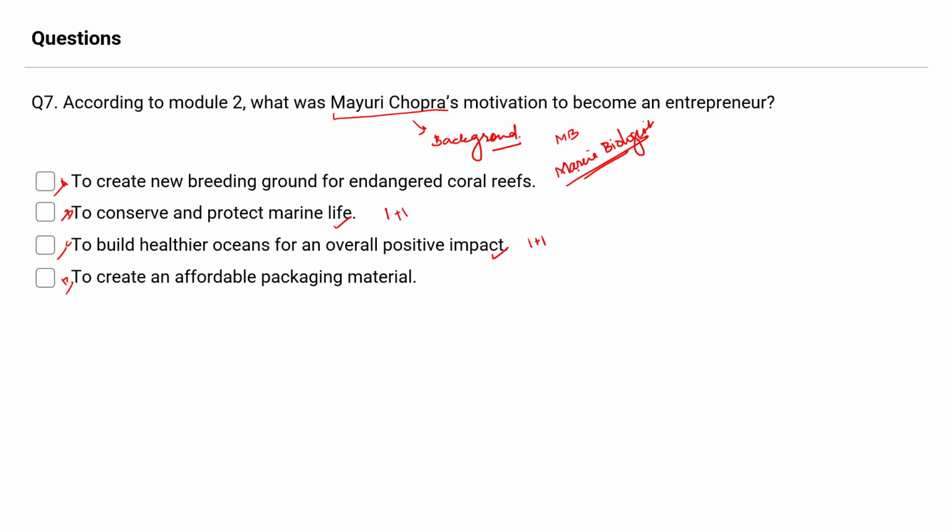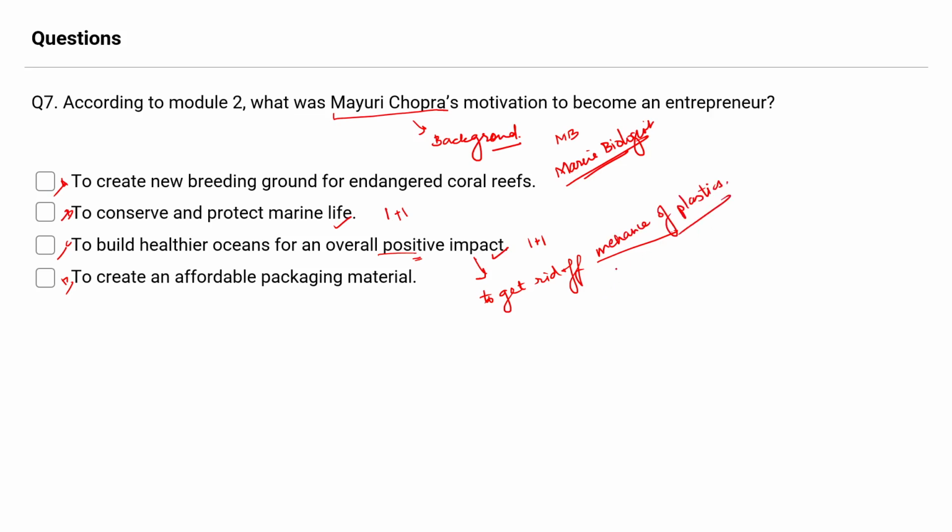Okay. And when you say to build healthier oceans for a positive impact, what do you basically mean? To get rid of what? Basically the plastics menace. Yes, correct. Menace of plastics. Well done.